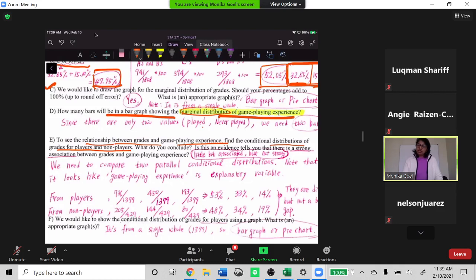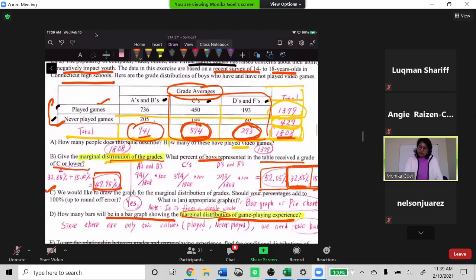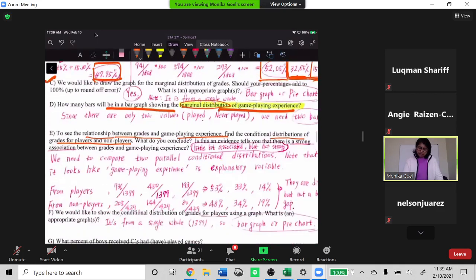To look at the relationship, I need to find the conditional distribution. And again, if I need to find the conditional distribution, I need to go inside the cell. Here, here, here, here, depending upon what I'm looking at. So I can look at the conditional distribution for playing games when students score A's and B's, C's, and D's and F's, and similarly for never played.